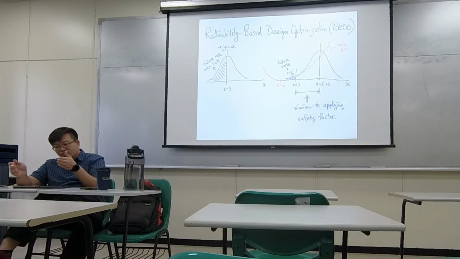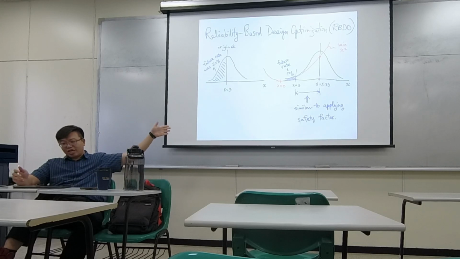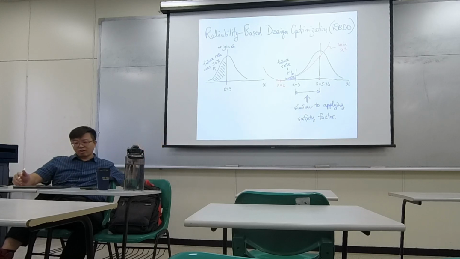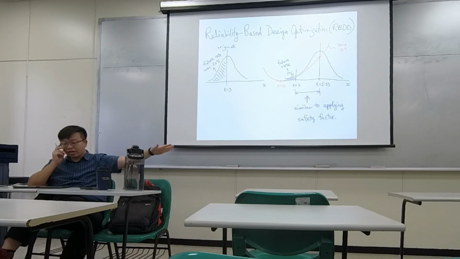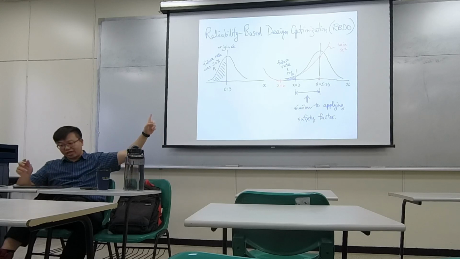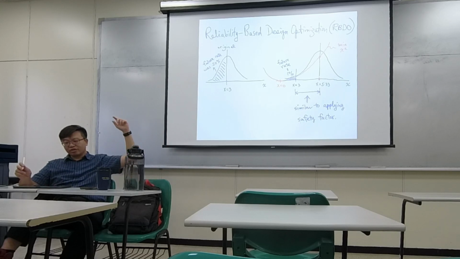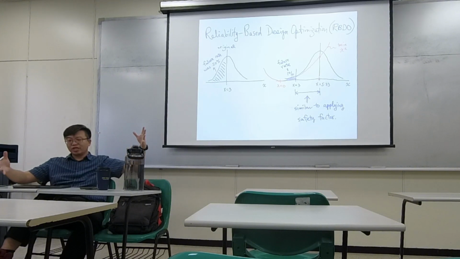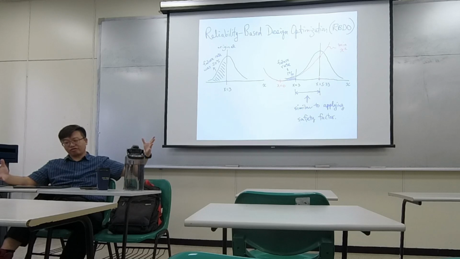I want to keep the mean value of the random variable at 5.33. Because of the random behavior, there is only 1% of probability that my uncertain variable is going to violate the constraint.